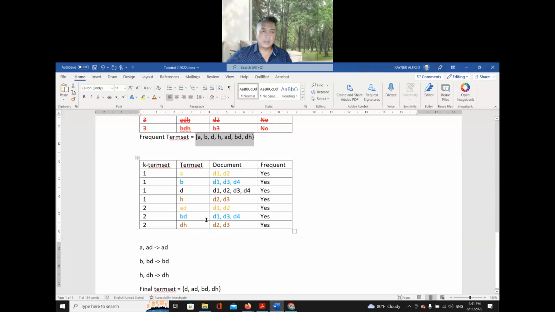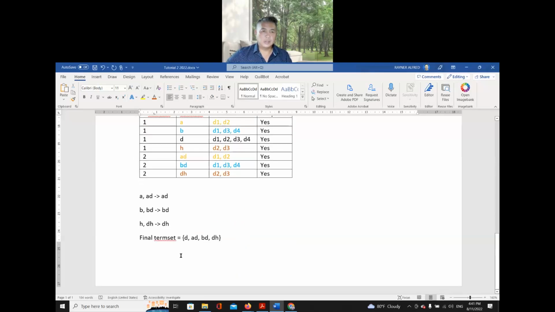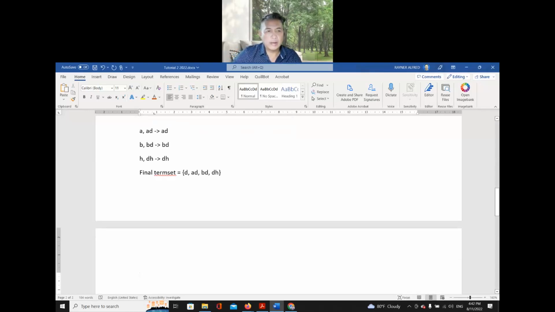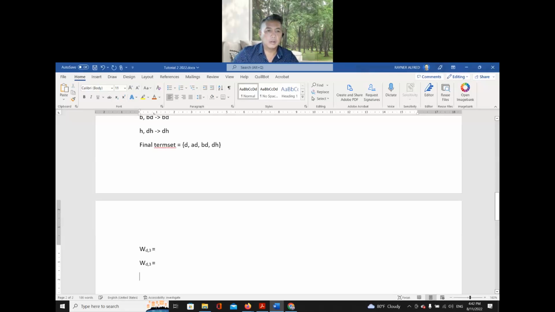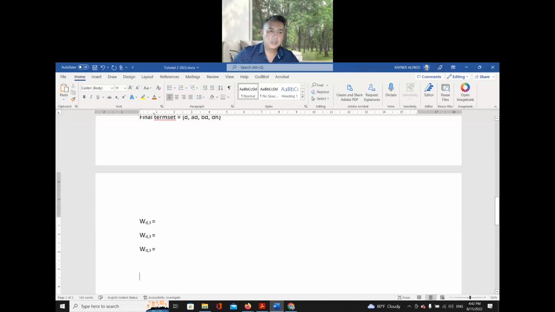Okay. So now your task is you need to find the weightage for document 3. So you need to find the weightage for the D in document 3. And then you need to do also this one for the rest of the weightage.